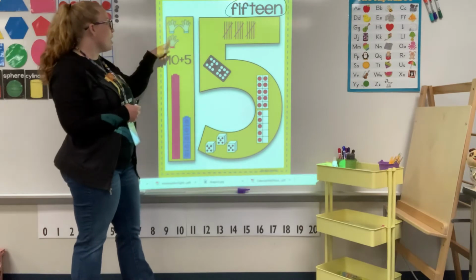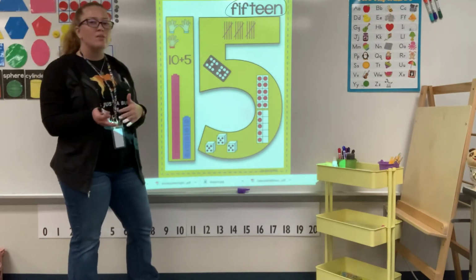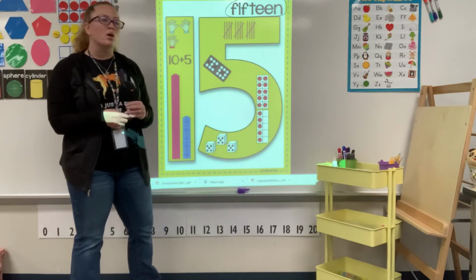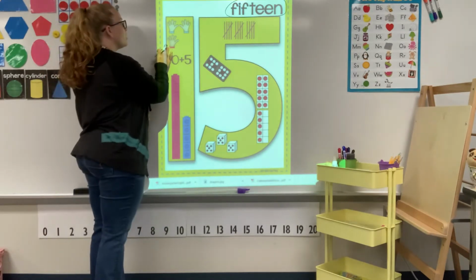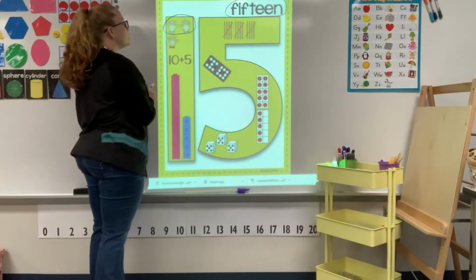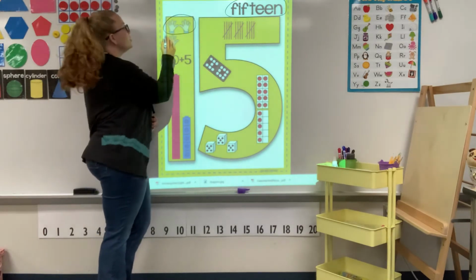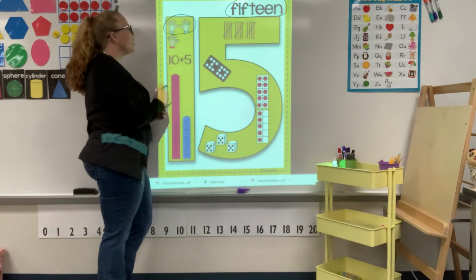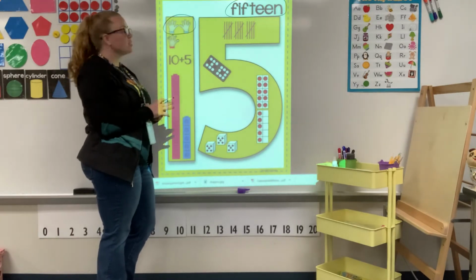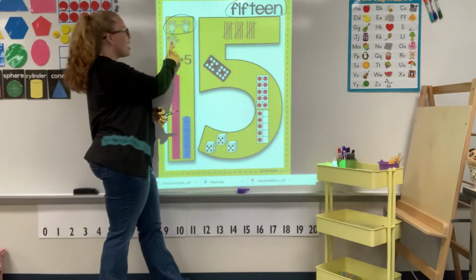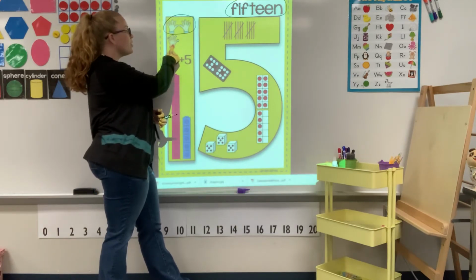Because even though we have counting fingers up here, which might have looked like the counting fingers yesterday, they still represent a new number. These fingers up here have the number 10, like our other ones do. But if you look closely, you will see that this hand has 1, 2, 3, 4, 5. It has 5 fingers. The other numbers did not have 5 fingers on their third hand.